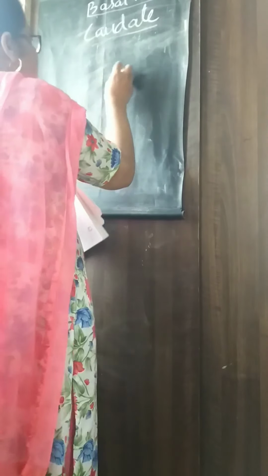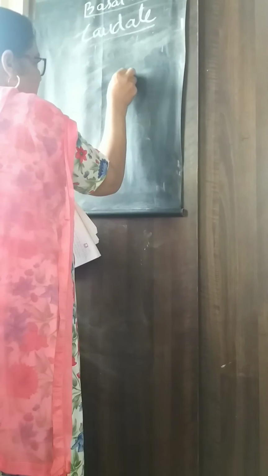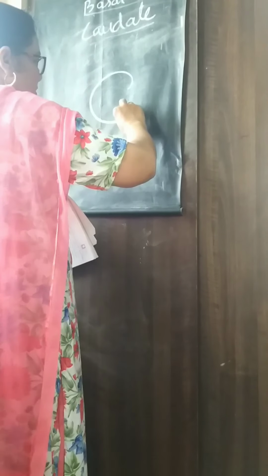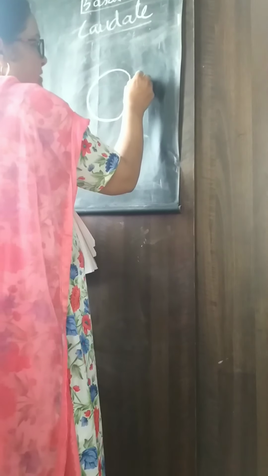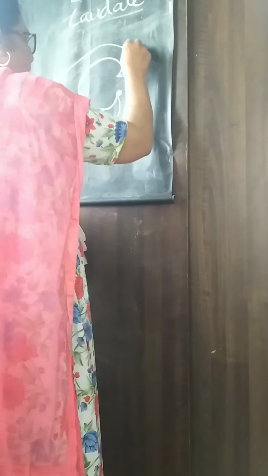See, this is the C-shaped or comma-shaped caudate nucleus. It is surrounded by the lateral ventricle.